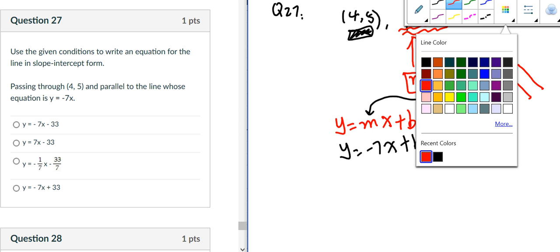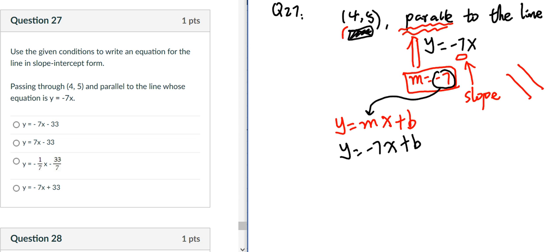This tells us that if x is 4, y has to be 5. So we plug in negative 7 times the first coordinate 4, plus b, and the second coordinate will be 5.